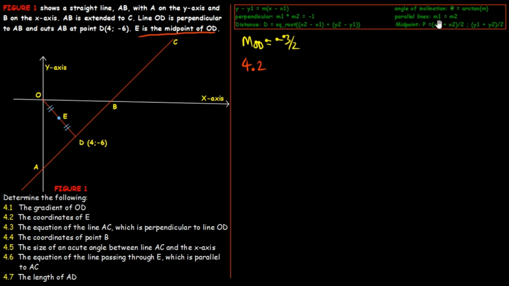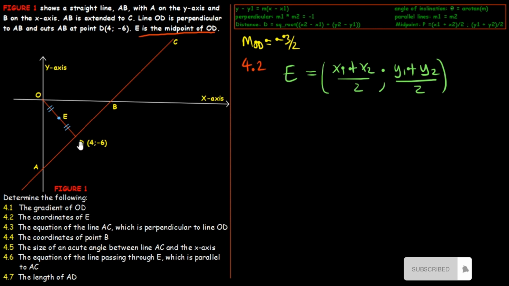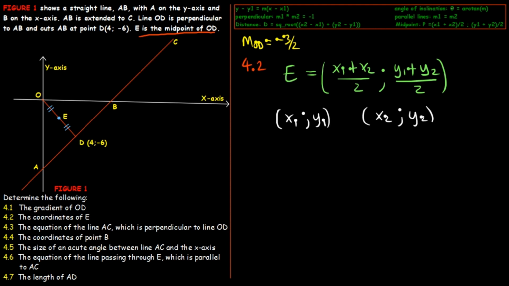So we will use this formula to calculate the coordinates of E. Since E is the midpoint, we need the coordinates of the origin and D. Our x1 and y1 will be the origin, which is 0 and 0, and D will be our x2 and y2, which is 4 and -6. Now it's a matter of substituting into this formula.